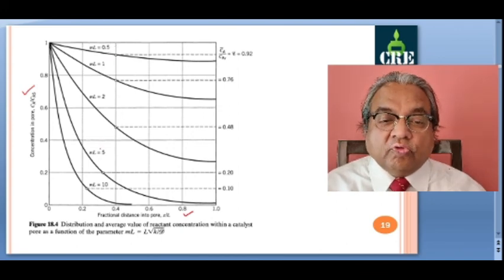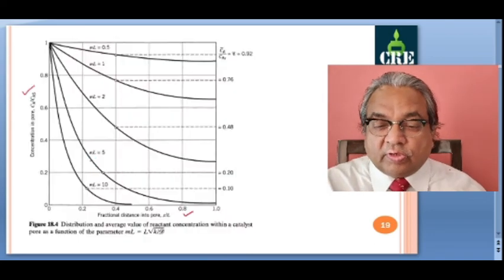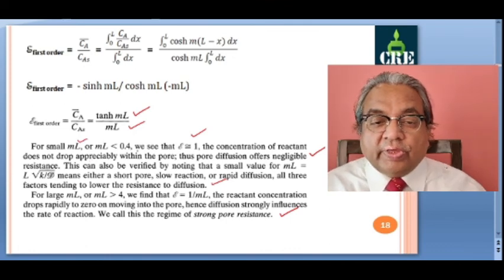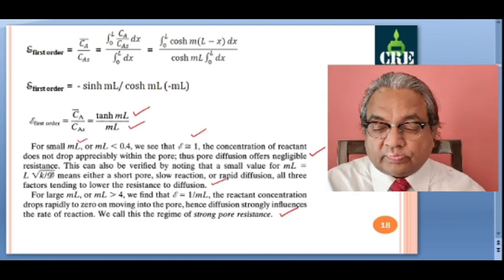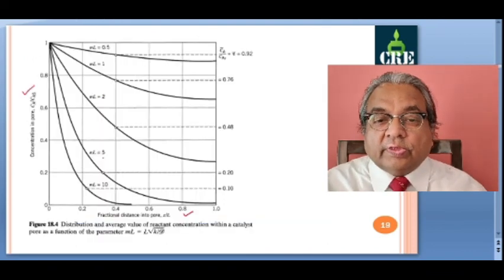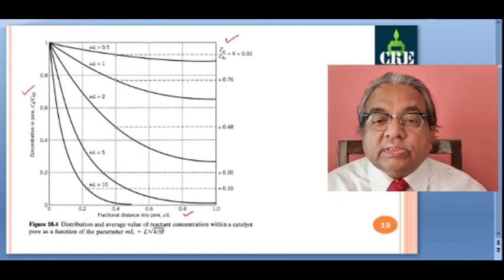For greater than 4, this is the large value, where for these large values we have strong pore diffusion. Here also the efficiency is Ca bar by Cas.